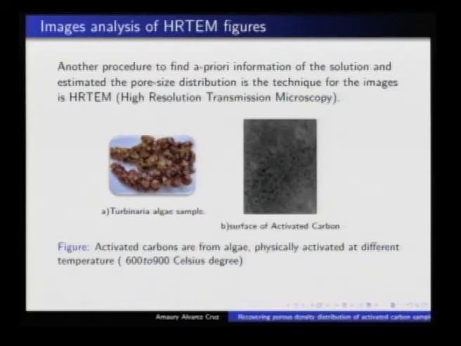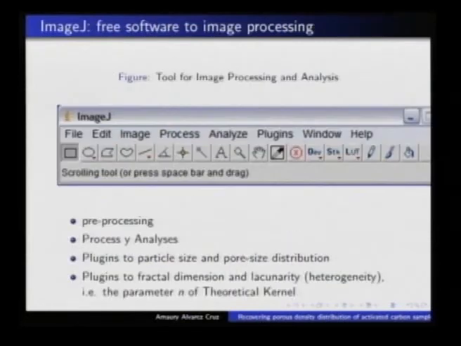If we take information from this picture, we use it in the optimization procedure. To analyze the picture, we use this free software, IMPA-INTERPORE, to process and analyze the picture.